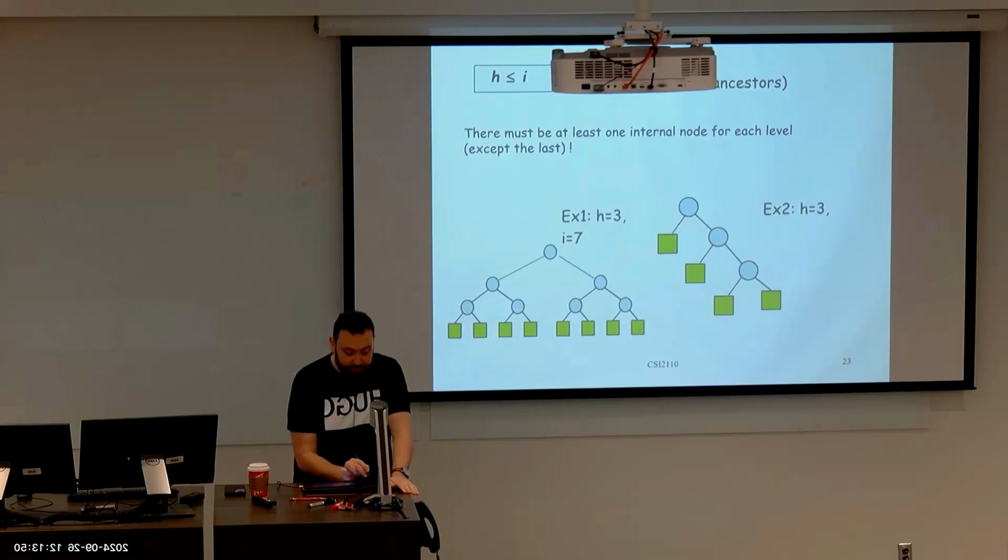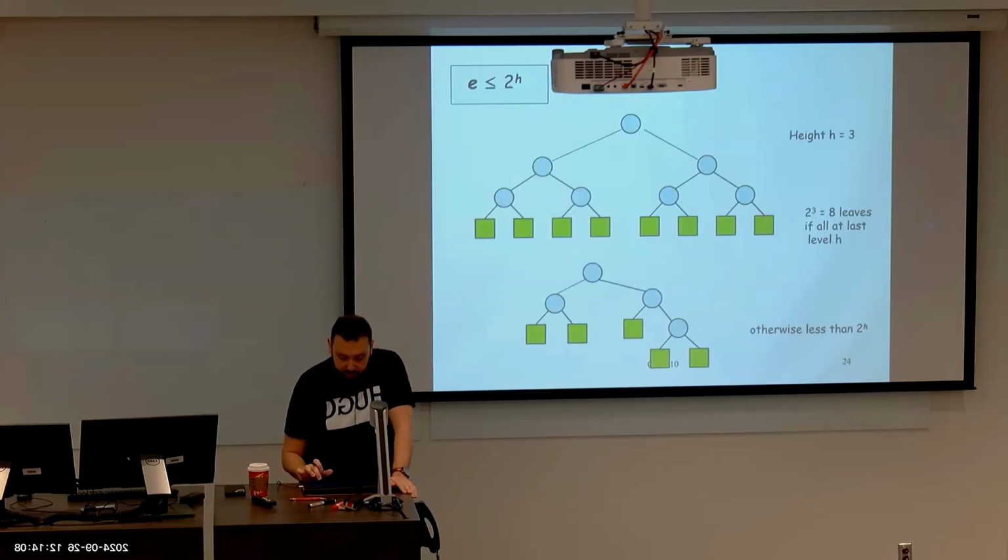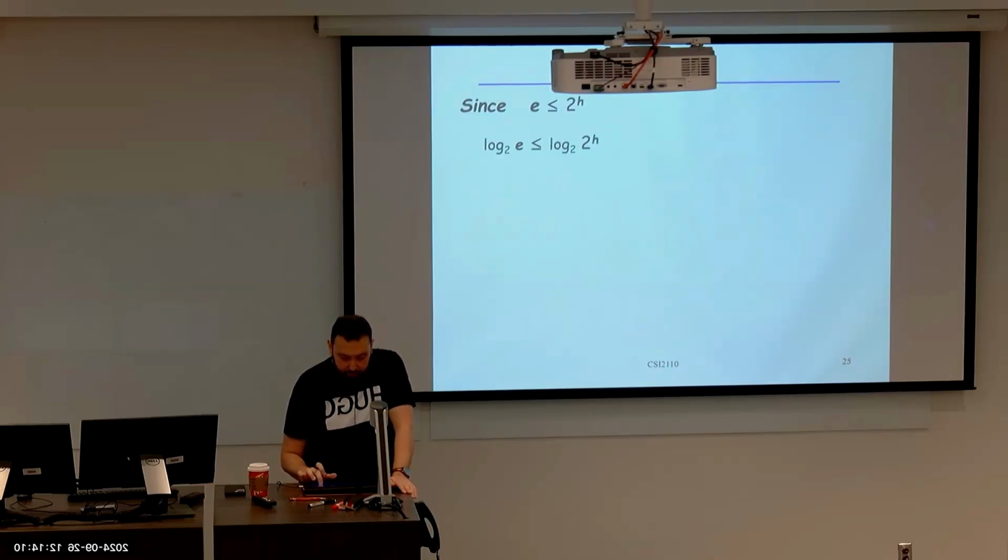Why is it always better? For example, let's say I have a perfect tree here, the height equals 3. What is the number of internal nodes? It's 7 here. In this other case, the internal nodes are only 3. You see, if you have a perfect tree or a complete binary tree, you're going to benefit from storing more data.